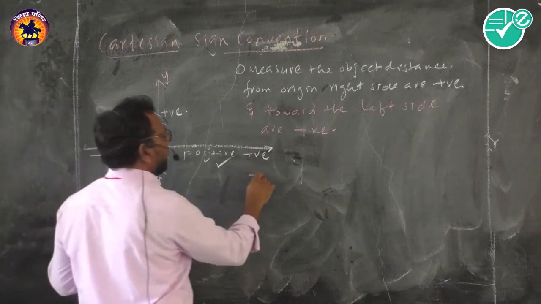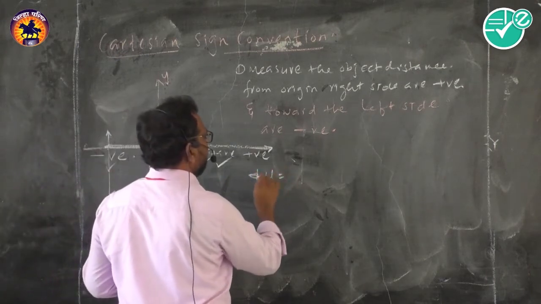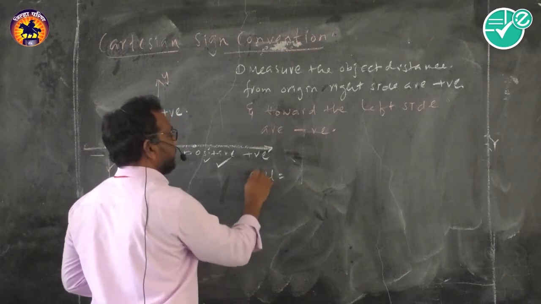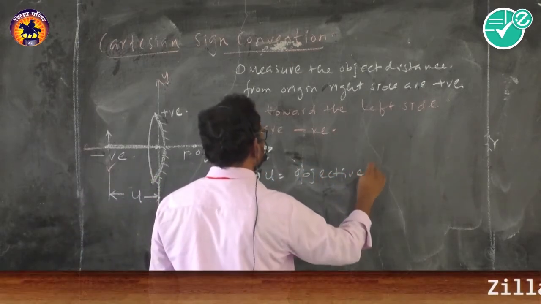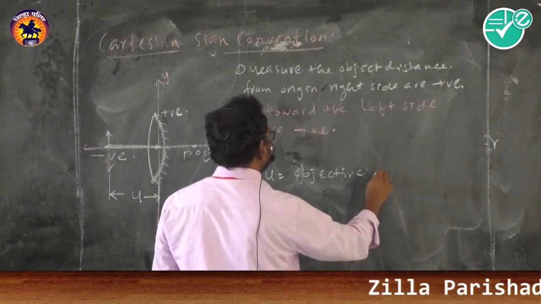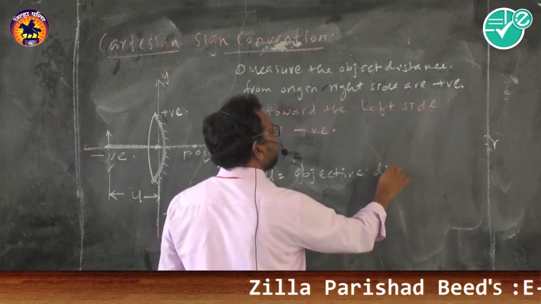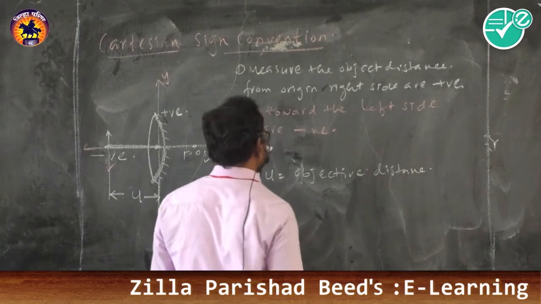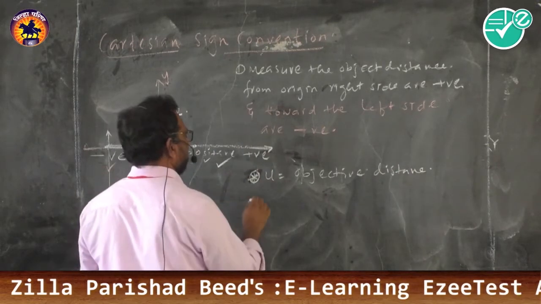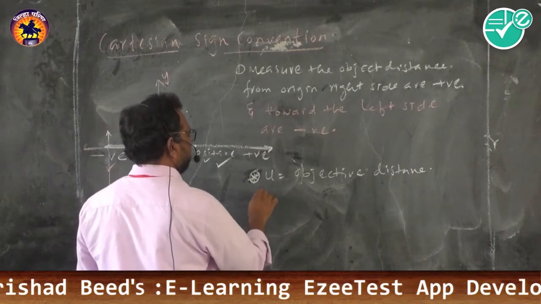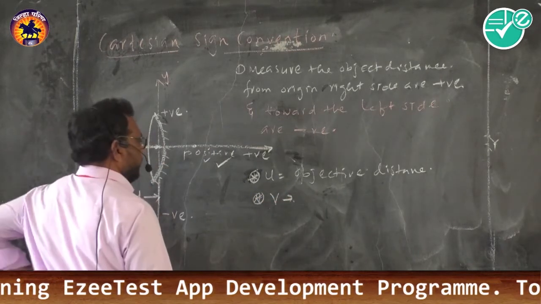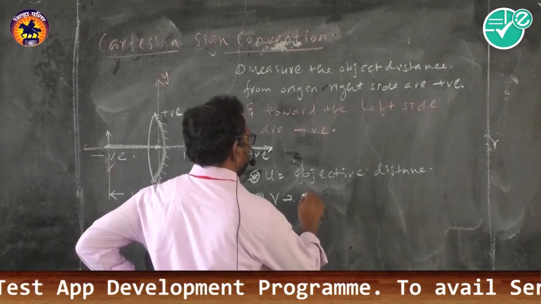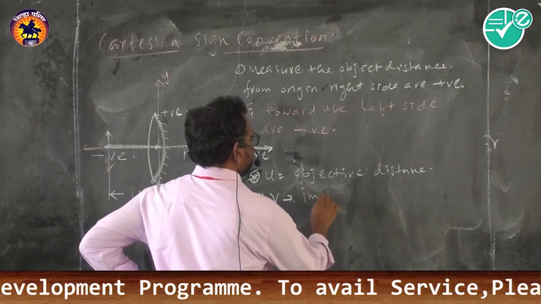The symbol v is usually used to denote the image distance.